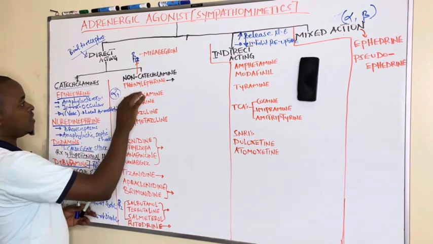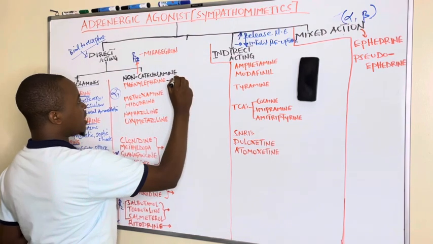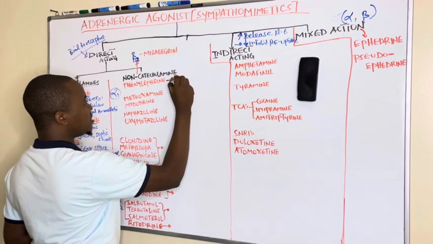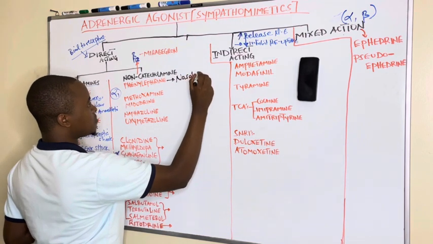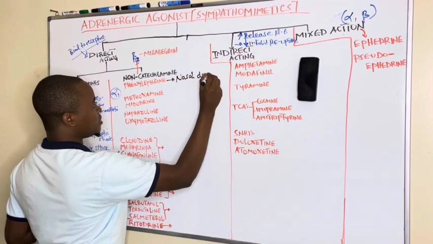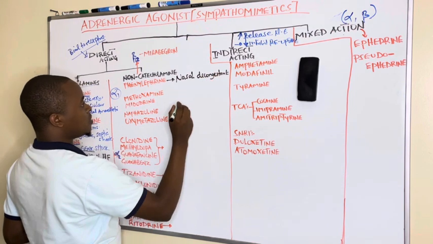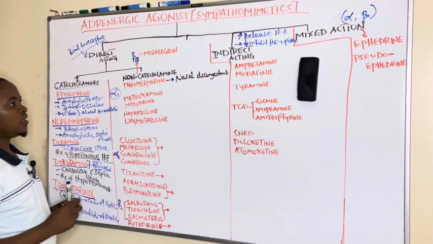So when someone is given phenylephrine, it is being used as a nasal decongestant, as it has a bronchodilation property.